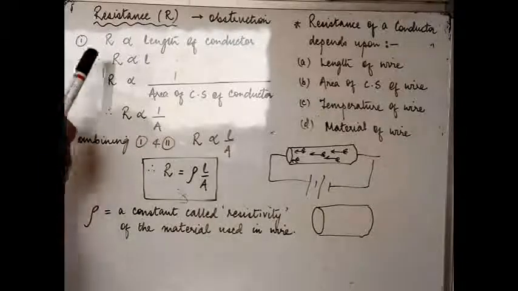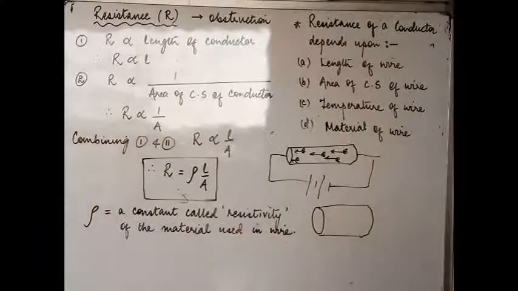So these two things have quite opposite effects on resistance. If you take a longer conductor, resistance will be more because the length is more, whereas if you take a wider, much more spacious conductor, then you will have a lesser resistance.